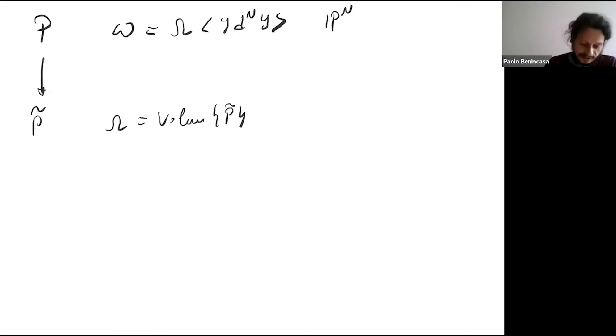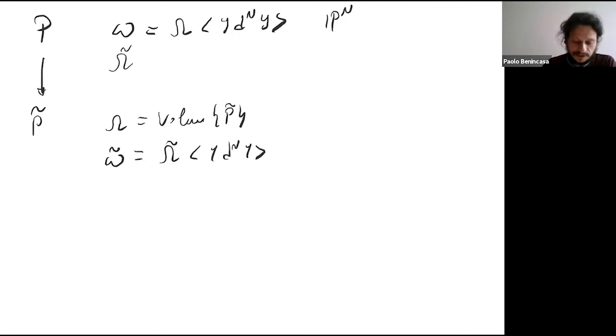However, also P tilde has a differential form, which let me call omega tilde, which I can write again in this fashion. And then omega tilde is the volume of P.